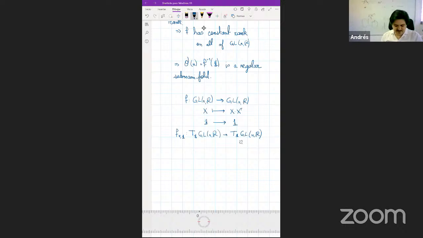So basically here, I claim that the image of this map, the differential, is the linear subspace of symmetric matrices. Because this is a vector space, right?